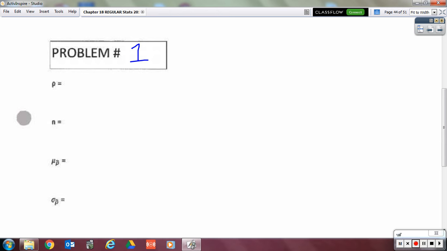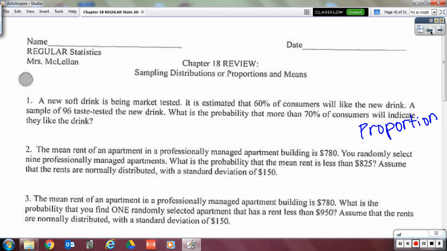I'm just going to help you go through filling these things out. So let's read number 1 again. It said, it is estimated that 60% of consumers will like the new drink. So what is that? And then it says a sample of 96 are taste tested.